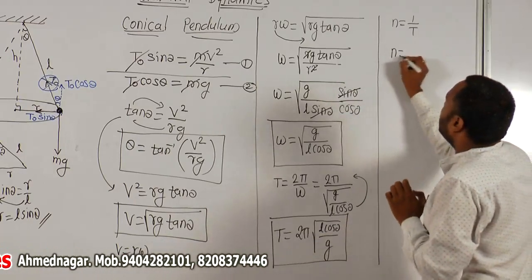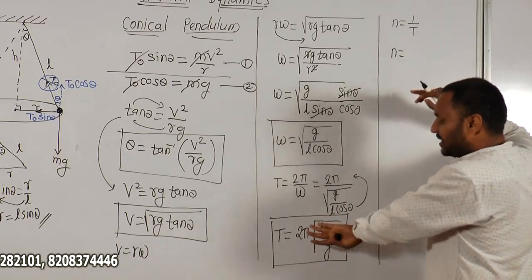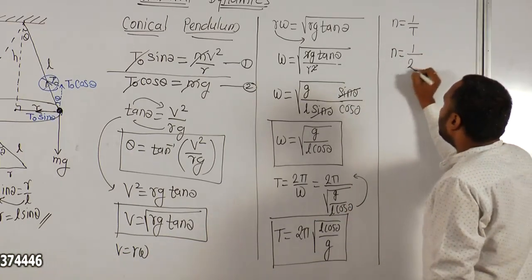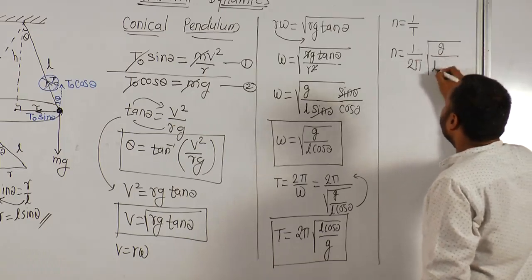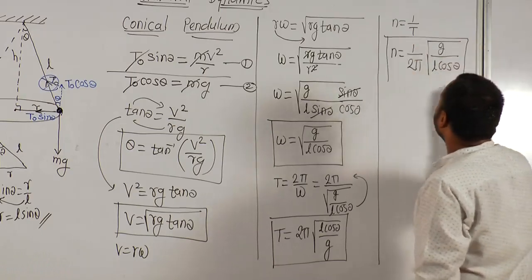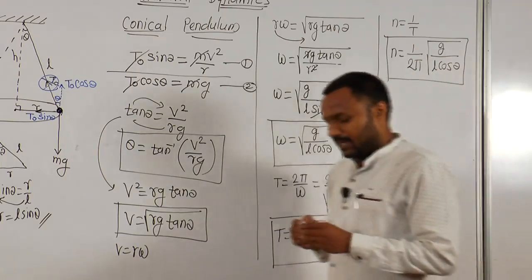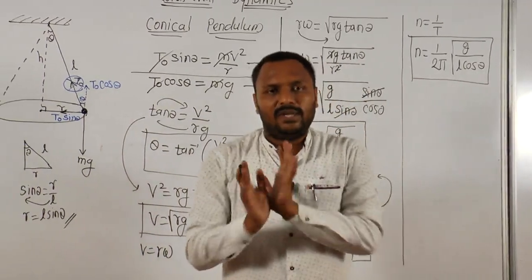Instead of T, we substitute and take the reciprocal of this equation, so n is equal to 1 upon 2π times the square root of g divided by L cos θ. By using that equation, we can find its frequency. This is the formula for the frequency of a conical pendulum.